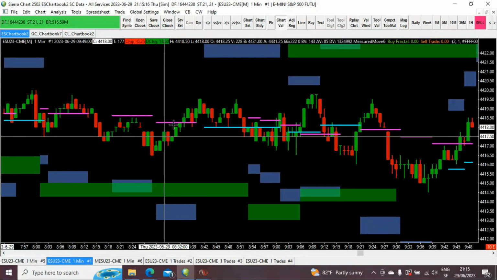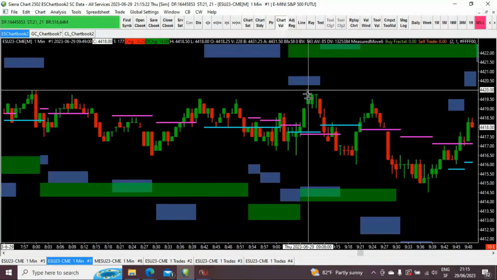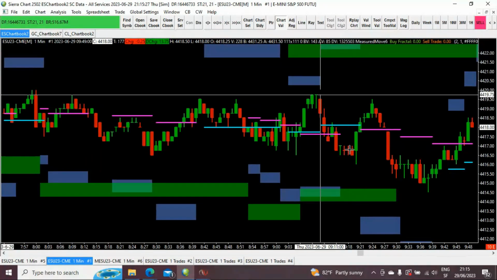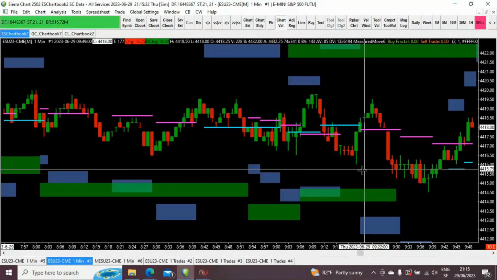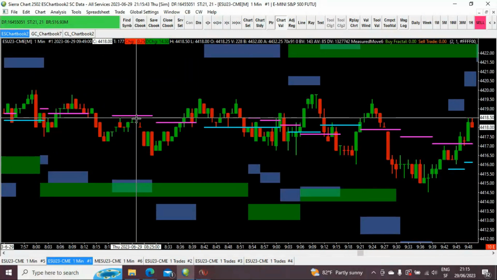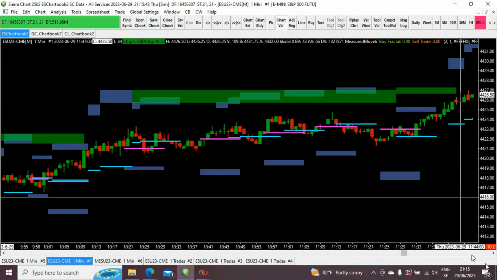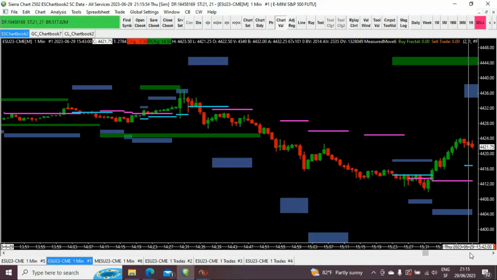So basically the blue line is representing the halfway of the last up move, and the pink line is halfway of the last down move. So this can save you some time in terms of calculating if we're close to a tipping point or not. Price will not always stop or stall there, but you can see on occasions it does. So again, it's something that you can put on the chart to keep you aware of where the potential key price levels are.